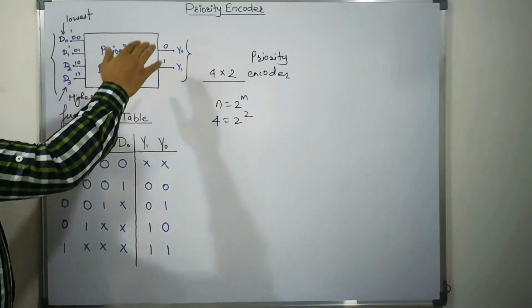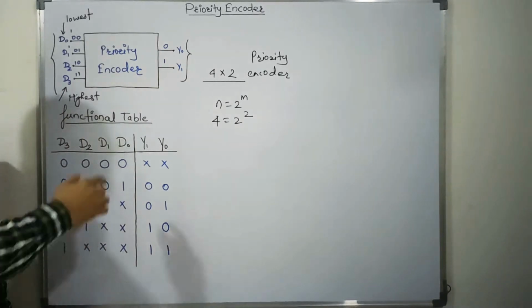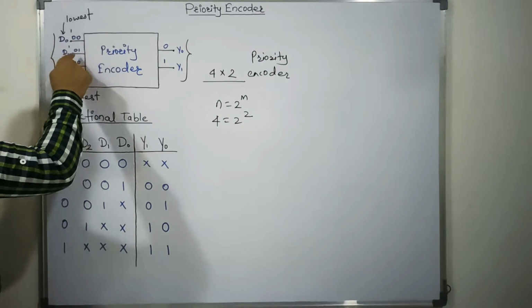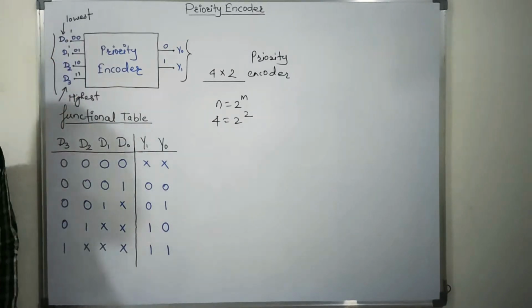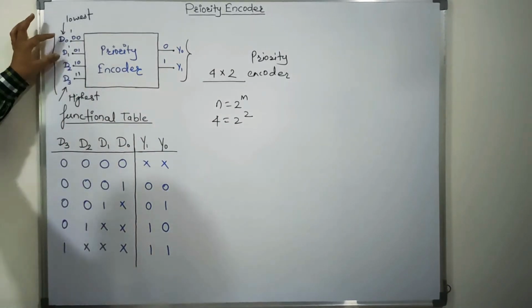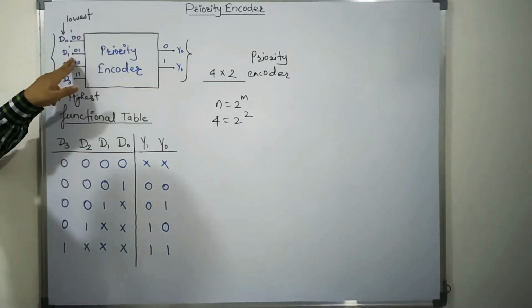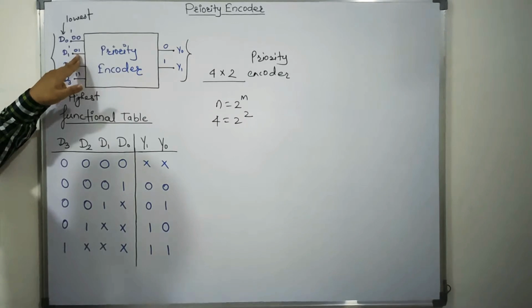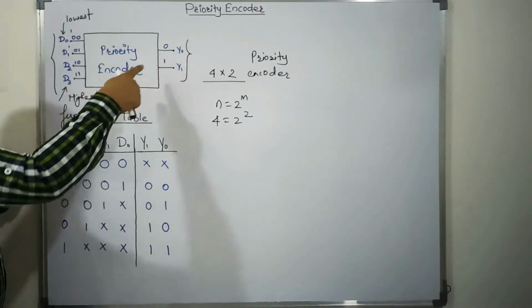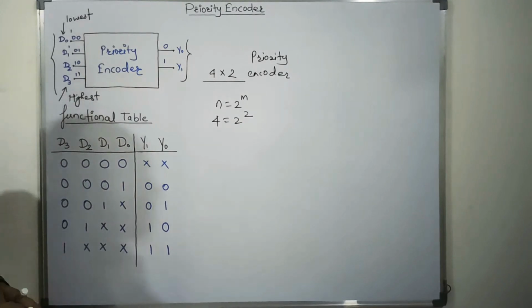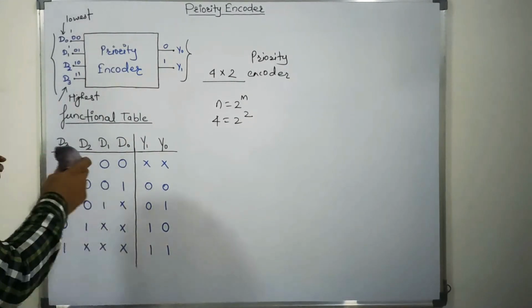To overcome this, we use the priority encoder. As both D0 and D1 are active high, D1 has the highest priority, so Y1 Y0 is going to be 0 1.